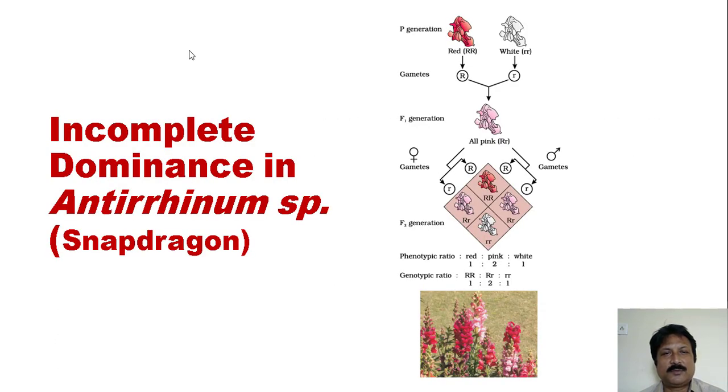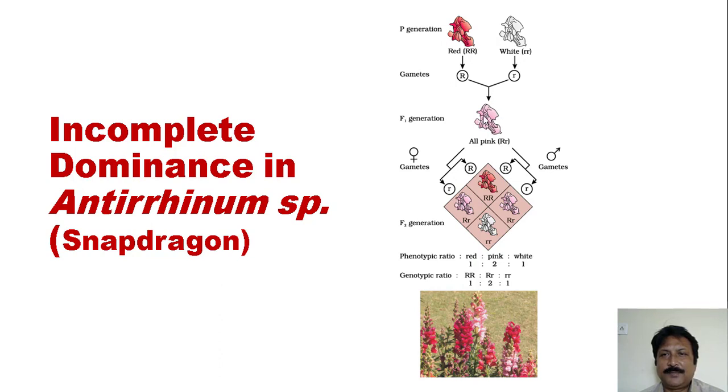Let's start with incomplete dominance found in snapdragon. This is a common garden plant, Antirrhinum species. Here you can see these are the flowers. A very common winter flower. Here a red color flower is crossed with a white color flower. The observation is that in the F1 the flowers are neither red nor white.